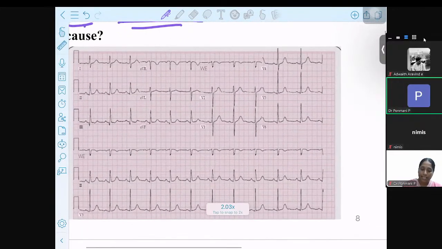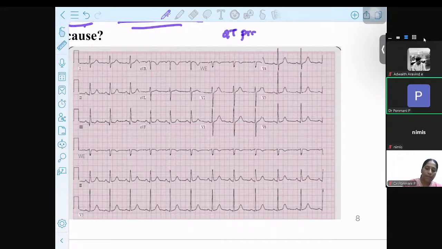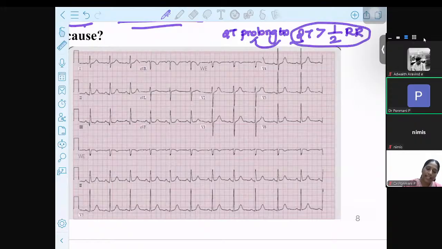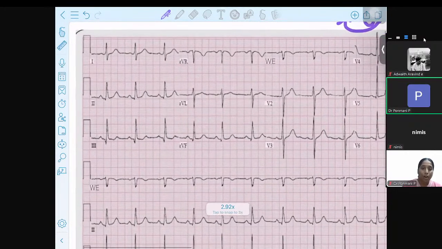See, this ECG denotes QT prolongation. How do I see QT prolongation? If my QT interval is more than half of my RR interval, this means that it has QT prolongation. So you need to count the number of big squares and small squares.